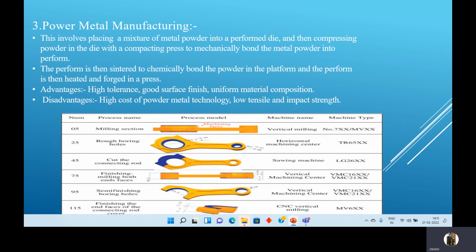Some advantages of powder metal manufacturing are high tolerance, good surface finish and good material composition. The disadvantages are the high cost of powder metal technology and low tensile and impact strength. In the image we can see the process models of connecting rods.